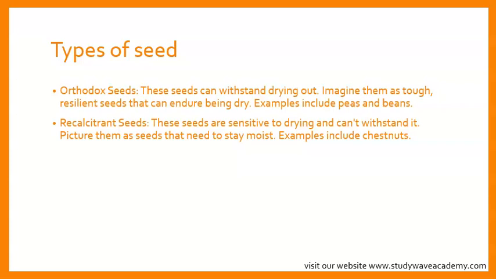Okay? Recalcitrant seeds, sensitive seeds. These seeds need to stay moist and can't handle drying. Picture them as seeds that like to stay wet. Okay? Do you understand? So these are the types of seeds we have, okay?